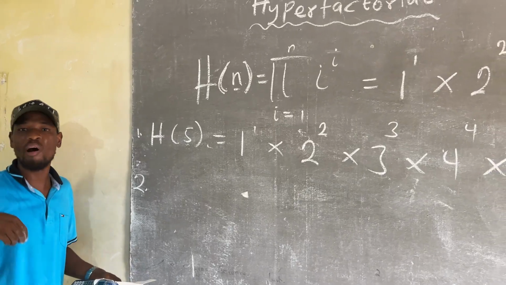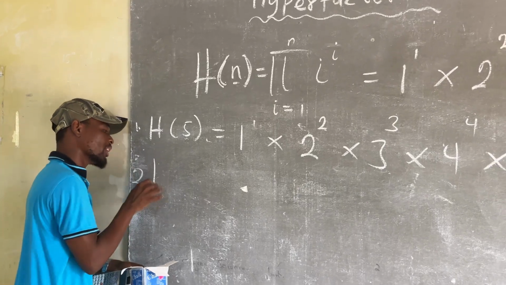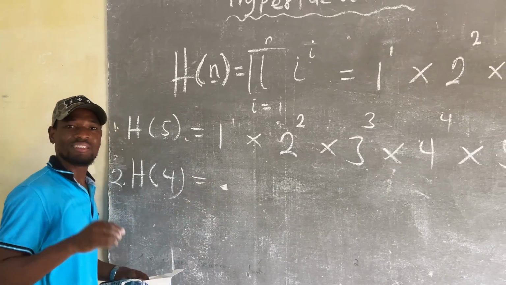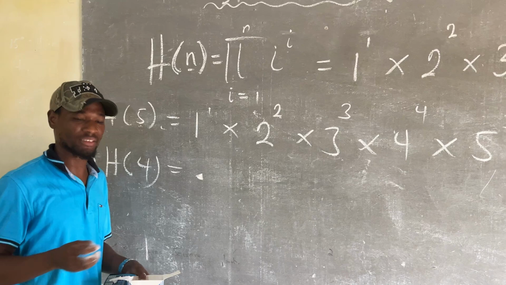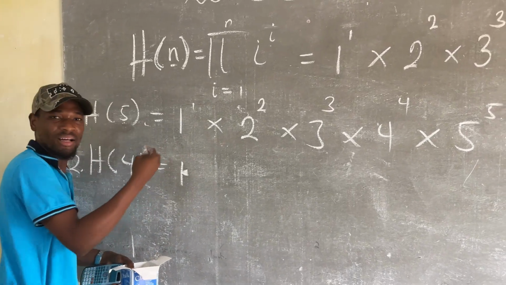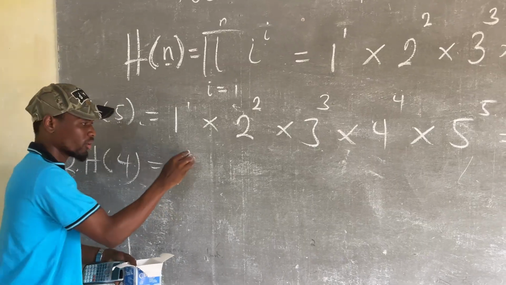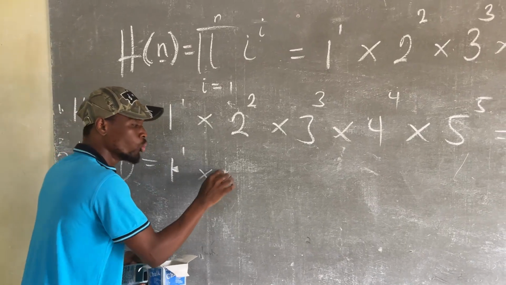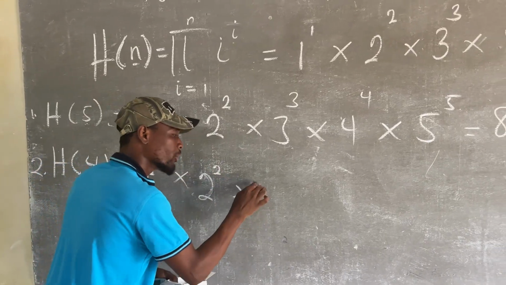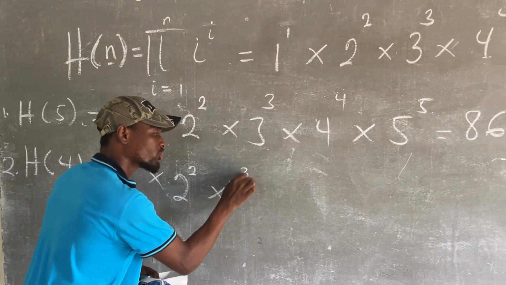Let us consider the hyperfactorial of the number 4. So I have H of 4, which is equal to, start from the number 1. So I have 1 raised to the power 1, then times 2 raised to the power 2. Then times 3 raised to the power 3.